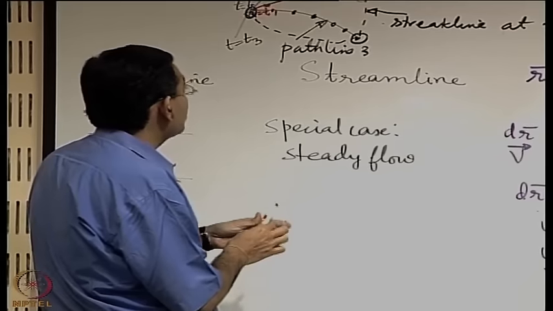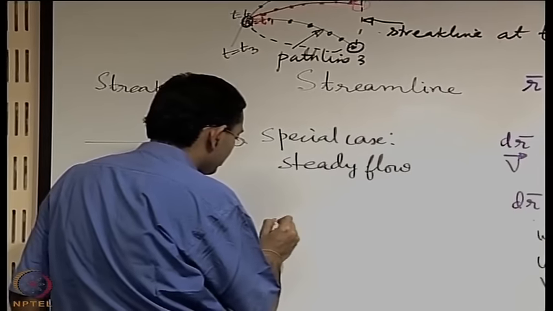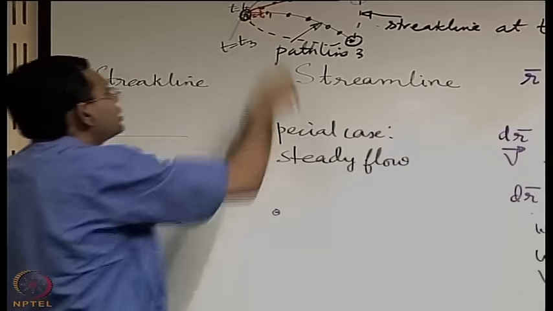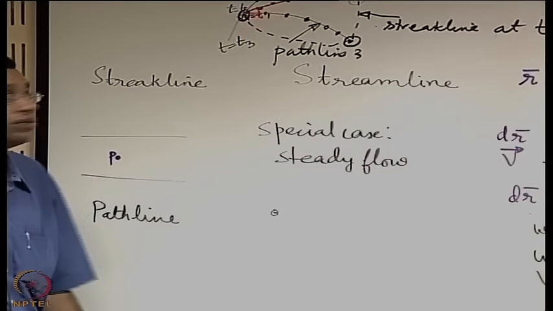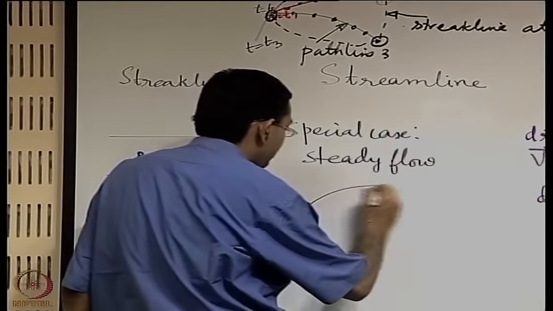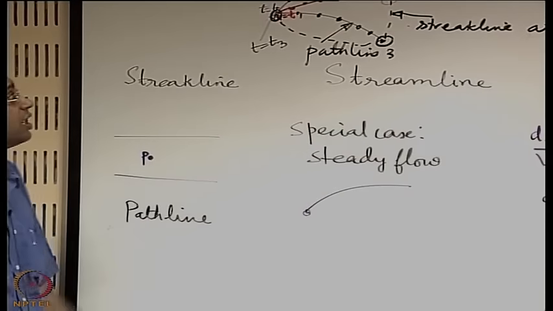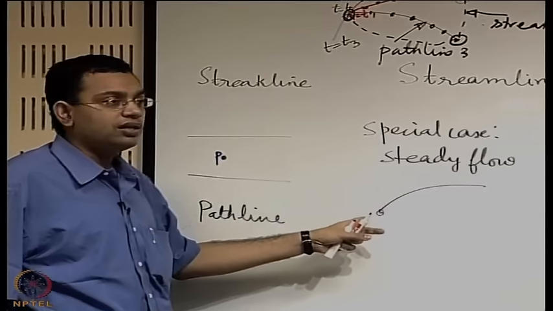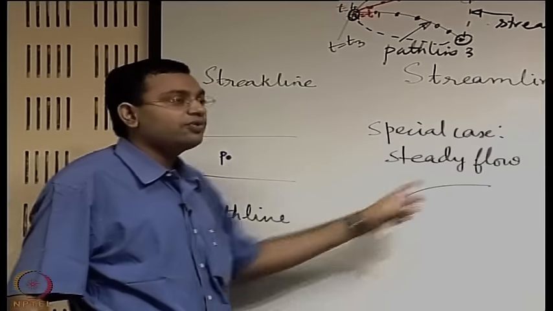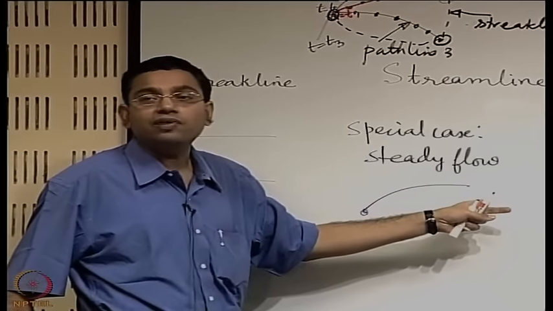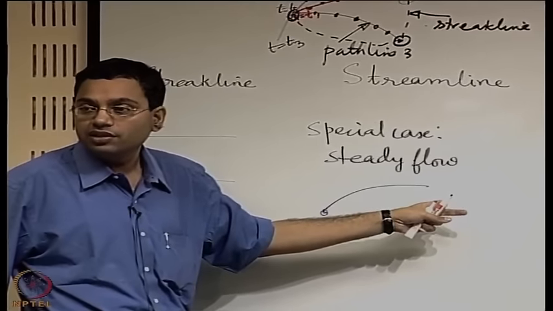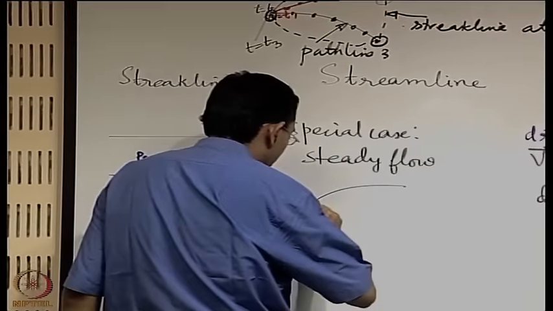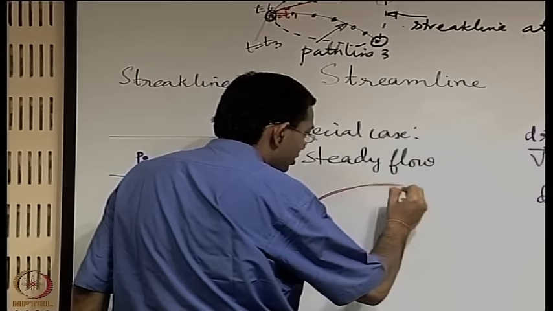So first let us draw the path line of that particle which passed through this point of injection at t equal to t0. So let us say that that path line is this one. Now another particle which passed through this at t equal to t1, that will also follow this line because with time the velocity field has not changed. So it will be constrained to follow the same line.